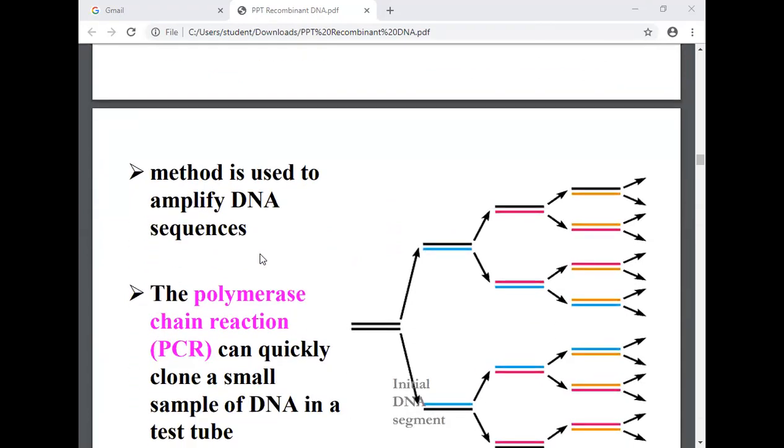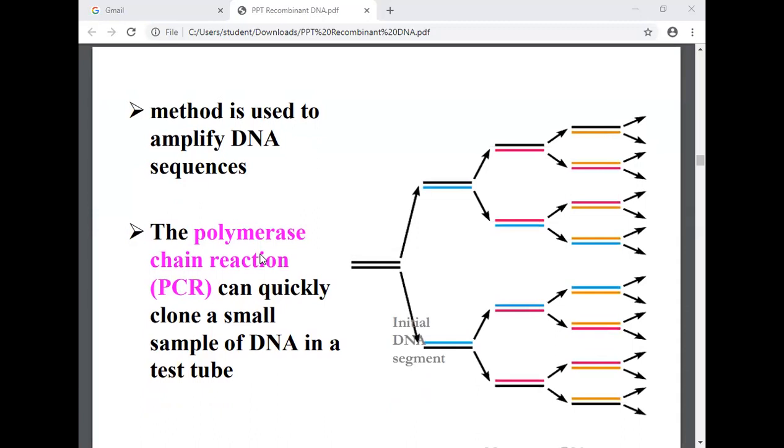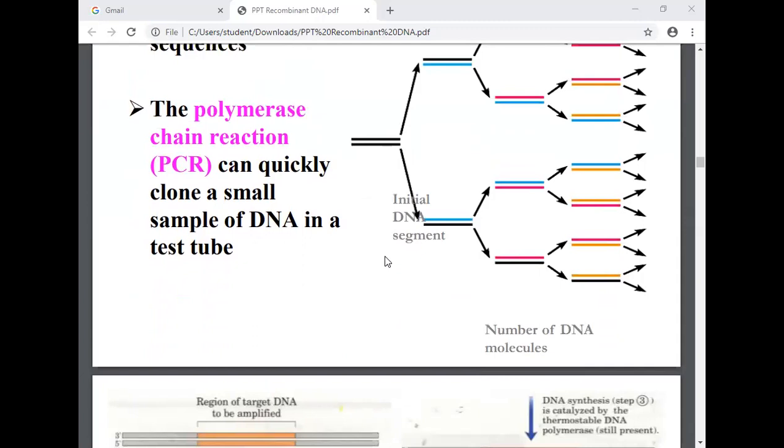This method is used to amplify a DNA sequence. This is one of the diagrams you can see in detail. The polymerase chain reaction can quickly clone a small sample of DNA in a test tube. Using this technique, we can get cloned DNA very quickly and easily.